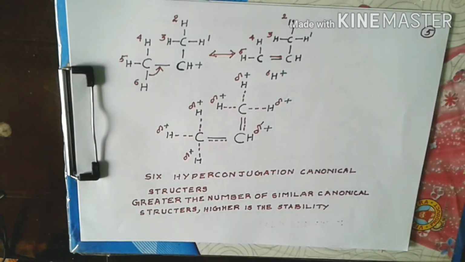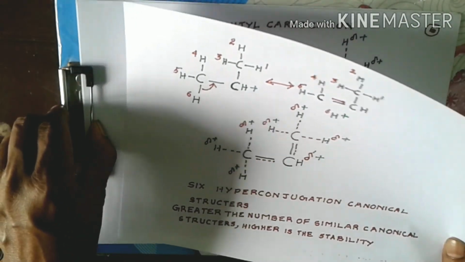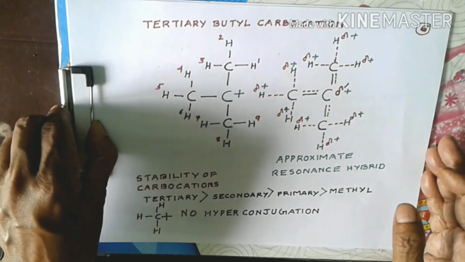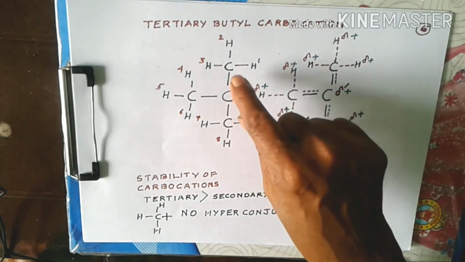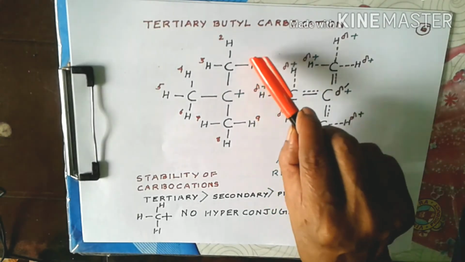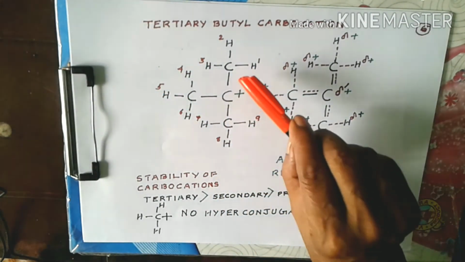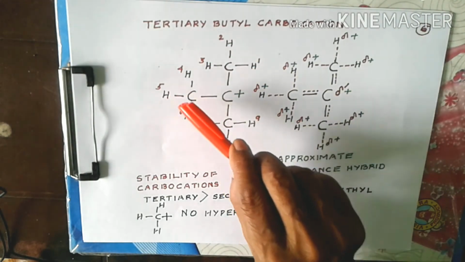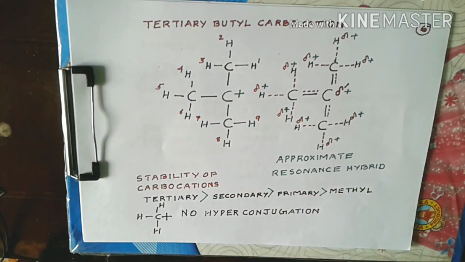So when we consider a third example, that of tertiary-butyl carbocation, we have 3 methyl groups directly bonded to the positive carbon, and a total of 9 hydrogen atoms. So we can say 9 CH sigma bonds are alternate to the positive charge, and 9 hyperconjugation canonical structures are possible.